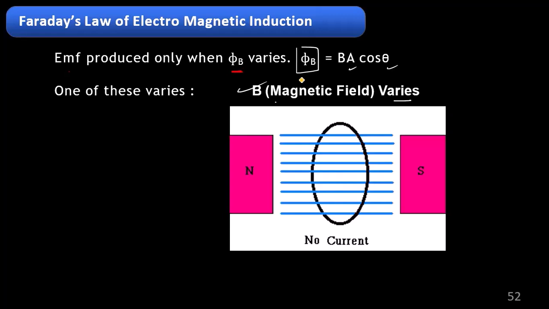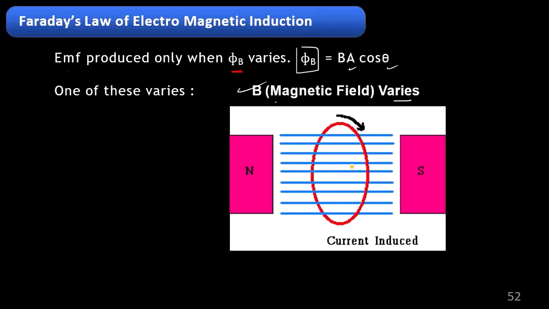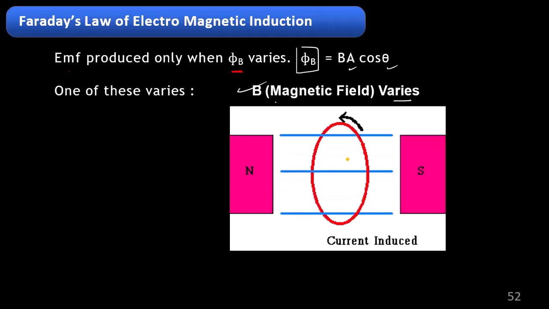If I increase or decrease the current, or increase or decrease the magnetic field, whenever I change the magnetic field, the flux is going to change.